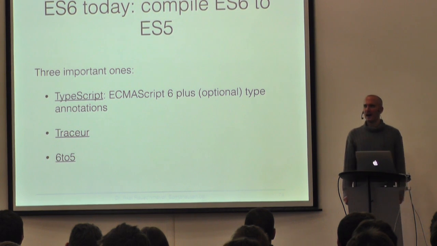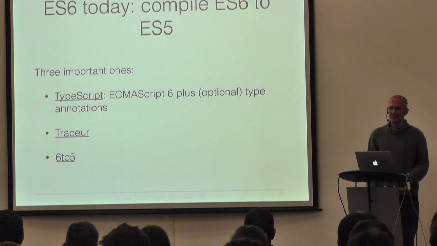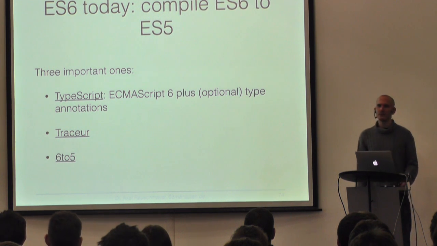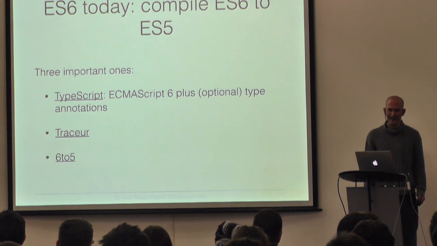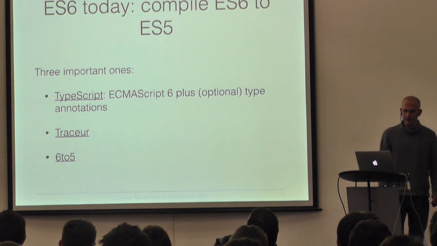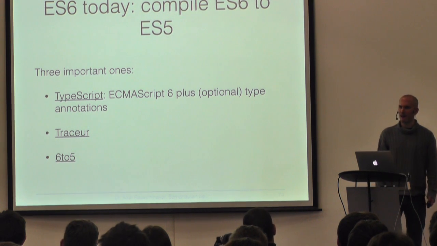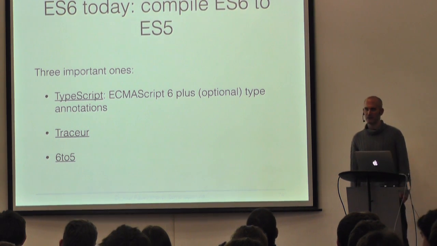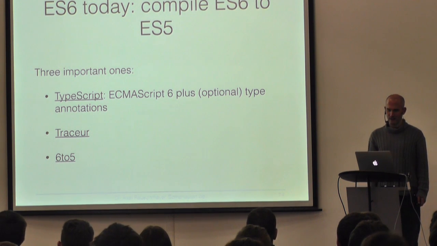And the other option, and this is really nice, if you want to use ECMAScript 6 right now, and a lot of people are already trying that out and are very happy with it, is to compile ECMAScript 6 to ECMAScript 5, and we'll probably do that for a long time, because old browsers are still out there.